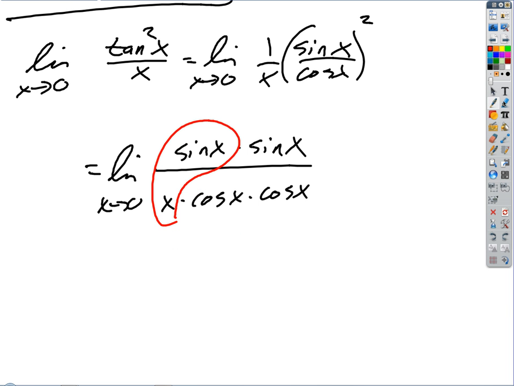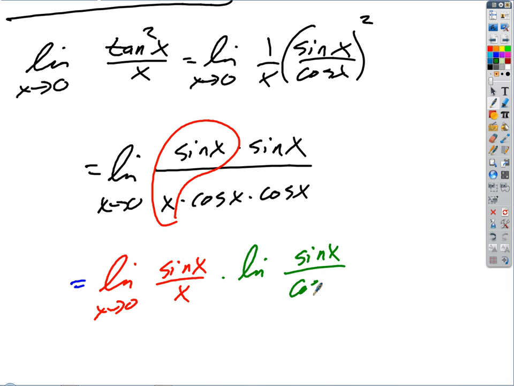So let's rewrite this then as the limit of sine x over x times what's left over. Well, sine x over cosine squared x. See what I'm getting at?